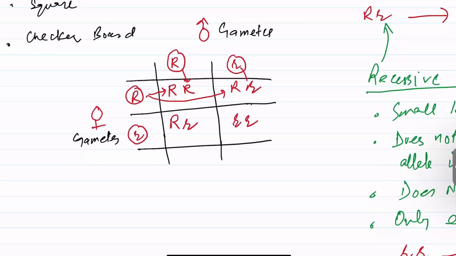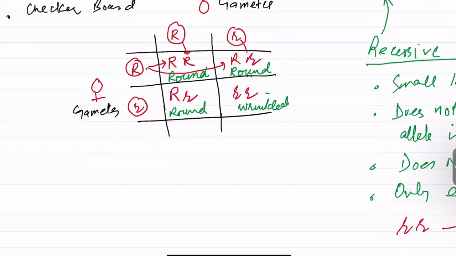And what will be the phenotypes of all of them? This would be round. Why? Because both alleles are capital or dominant. This will also be round. This will also be round. And this will be wrinkled.